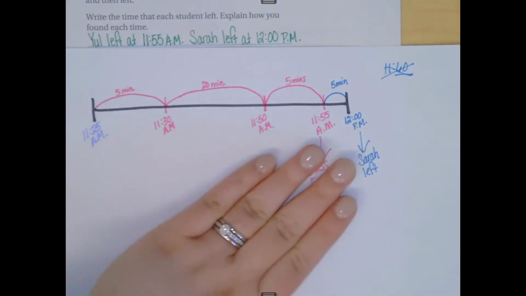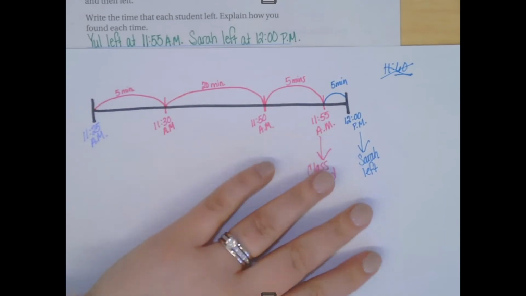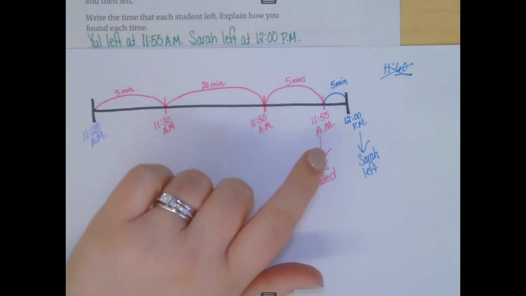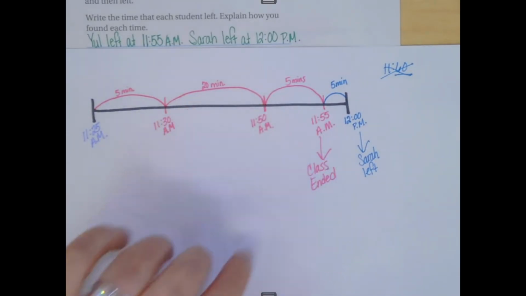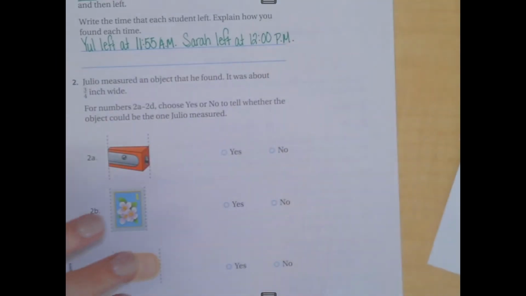So when I'm going to explain how I got my answer, I'm going to explain that I used a number line.